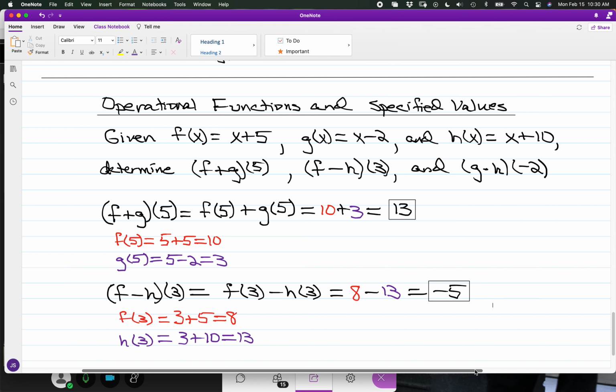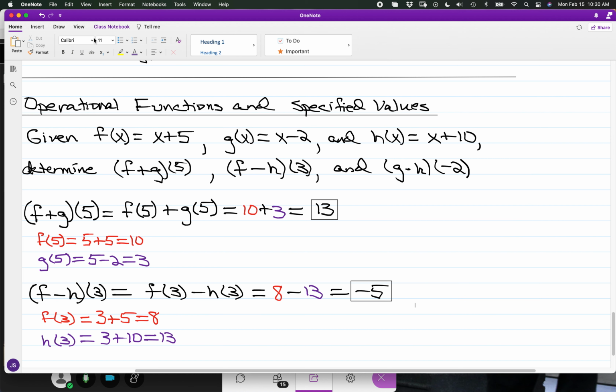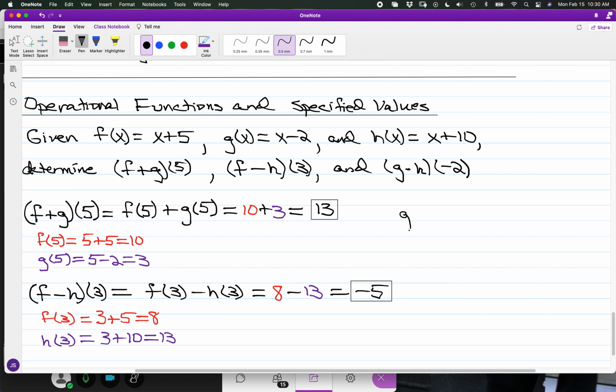Now, for what we have in the case of g times h of negative 2, again, this is going to be g of negative 2 times h of negative 2.